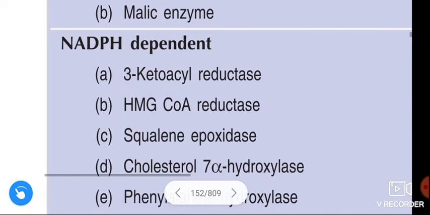Next, coming to the NADPH dependent enzymes. What are the enzymes that depend on NADPH?